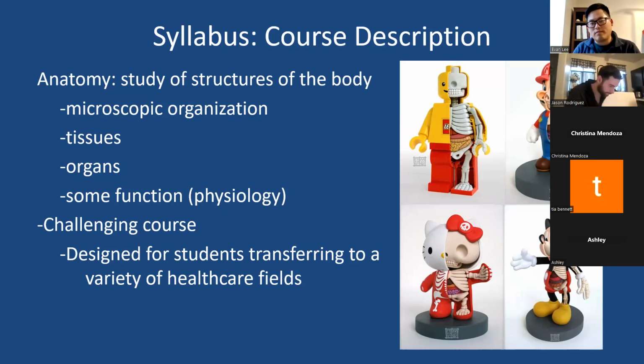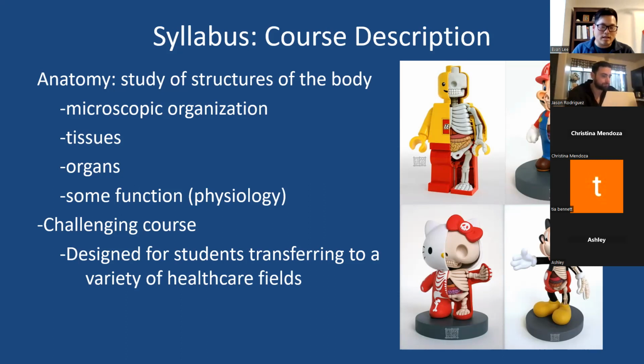But just to be clear, there are different levels of anatomy that we're going to be looking at as well, which can include microscopic anatomy, as in really small things in the body, things that you need a microscope for, various tissues of the body, like major types of things that do functions, but then complex parts of the body called organs.